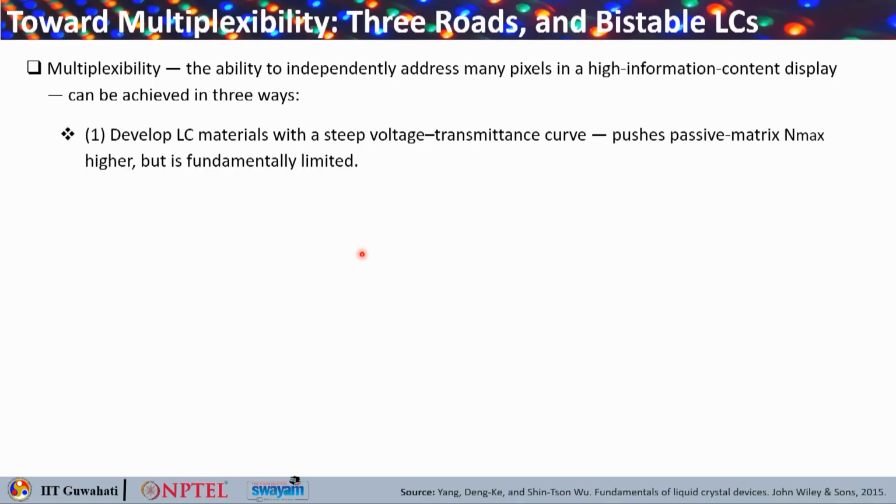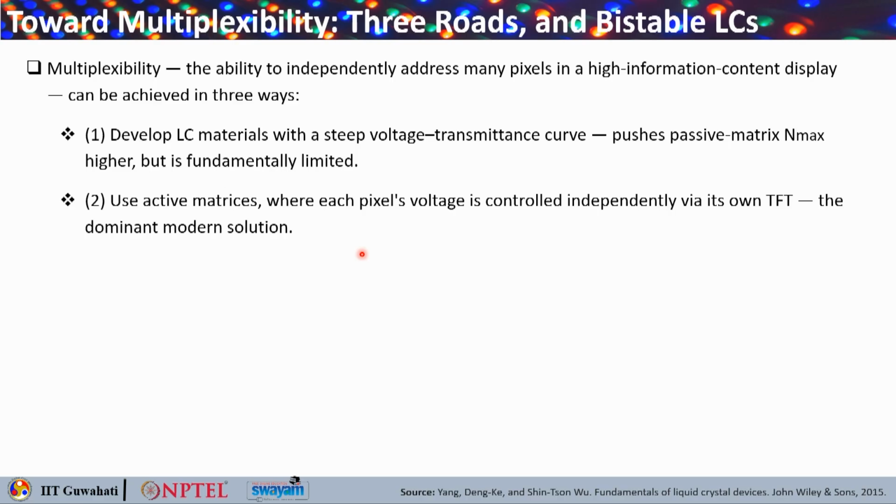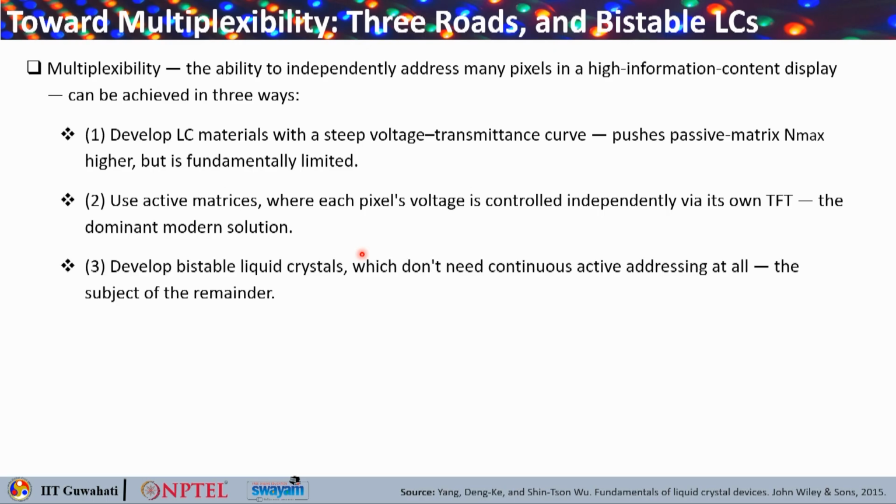First, you can develop liquid crystal materials with a steep voltage transmittance curve, so that pushes passive matrix NMAX higher, but it's still fundamentally limited. Second is to use the active matrices that we have discussed today, where each pixel's voltage is controlled independently via its own TFT, and this is the dominant modern solution.